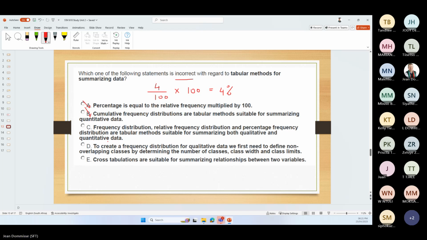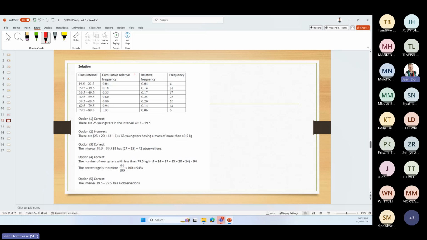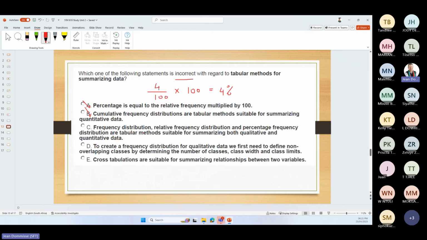Okay, so now what we're doing is look at where they ask if you can use it. Now they add frequency distribution, relative frequency, and percentage distribution. So let's look at this, where we now just take out cumulative. So if we had not class intervals, but look at it, they ask quantitative.